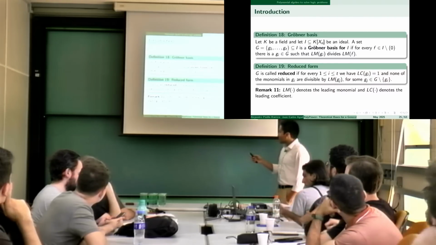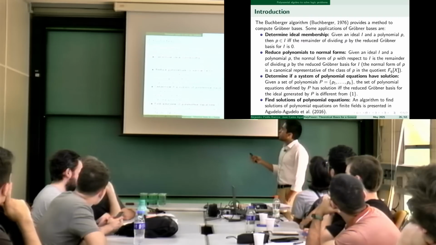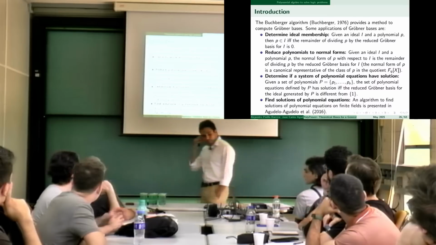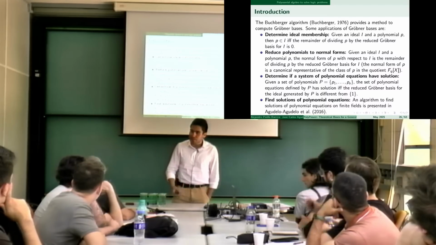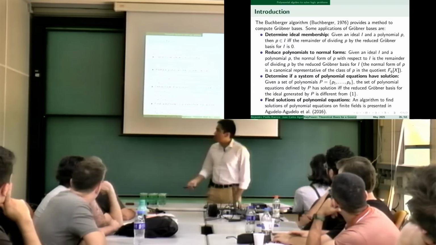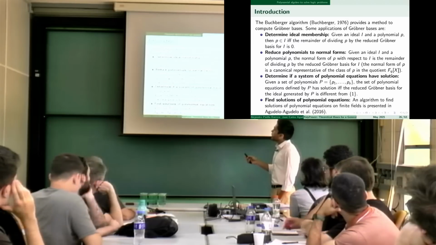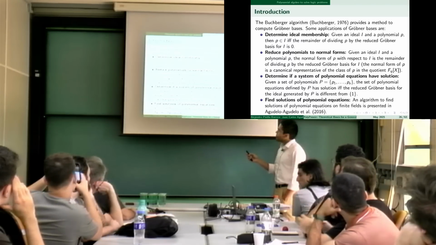And why is a Gröbner basis key to solving algebraic problems? Thanks to the Buchberger algorithm, okay? Because the Buchberger algorithm reduces all the algebraic problems regarding polynomial systems of equations to work with the Gröbner basis, which is really easy to work with, okay? Which kinds of problems can we solve with this Buchberger algorithm?